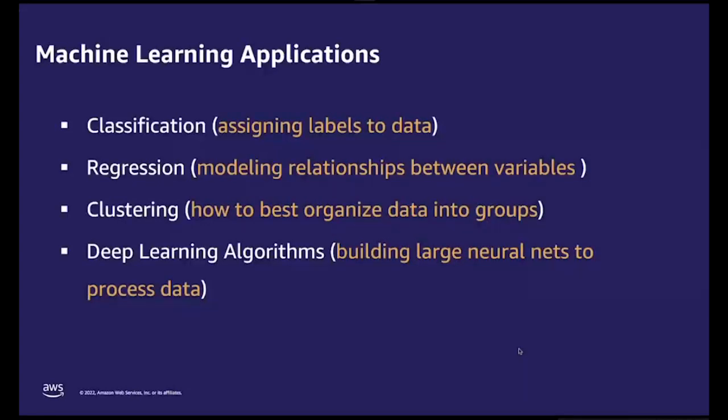For instance, we can do jobs like classification, which is basically to assign labels to data values. We can do regression, that is modeling relationships between variables. And we can also do clustering, aka unsupervised learning, that is to help us best organize data in groups. And lastly, we also have applications in deep learning. For instance, how to build large neural nets to process data.